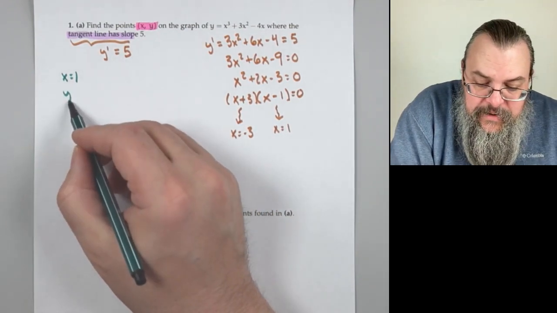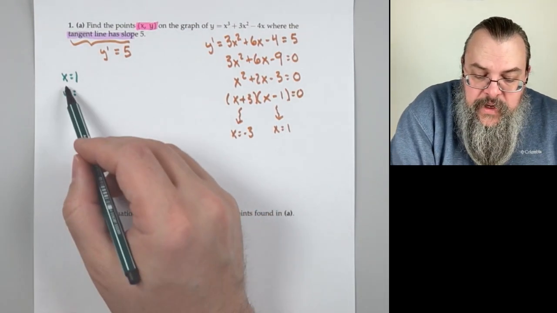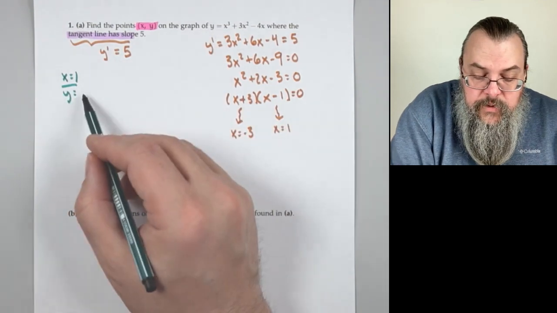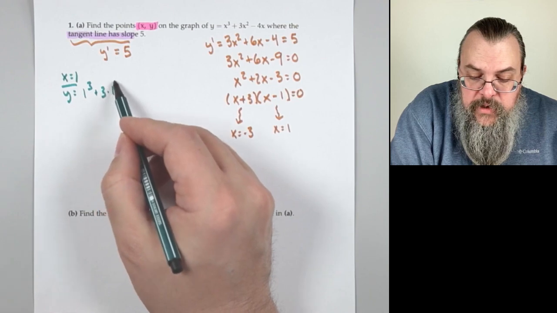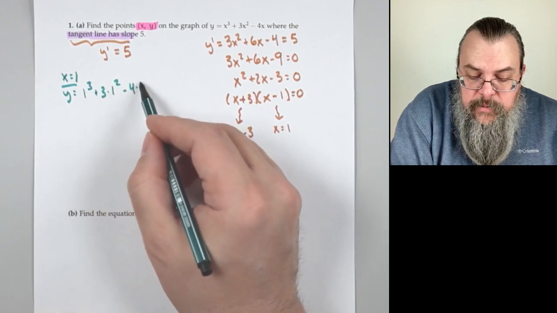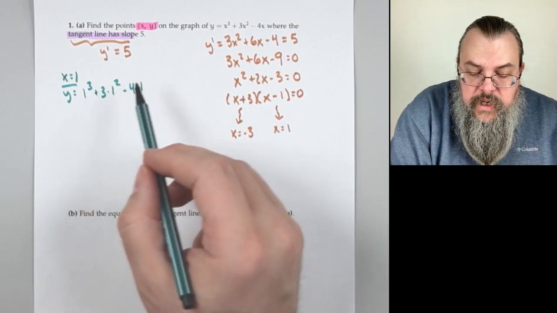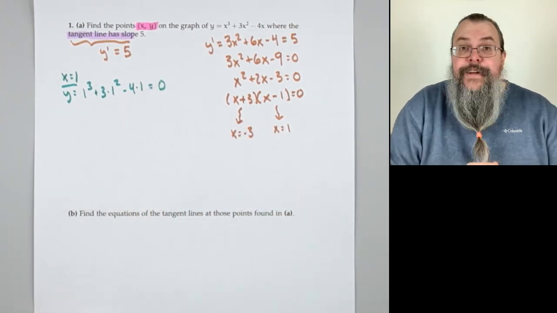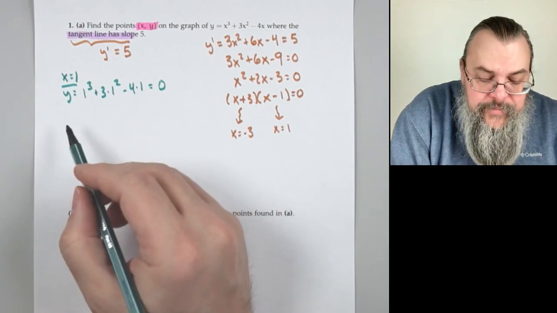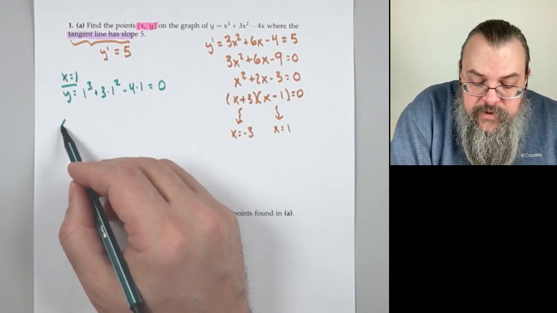You get the victories when you can. What do we get? We get y equals 1 cubed plus 3 times 1 squared minus 4 times 1. 1 plus 3 minus 4 is 0. Done. That was good.